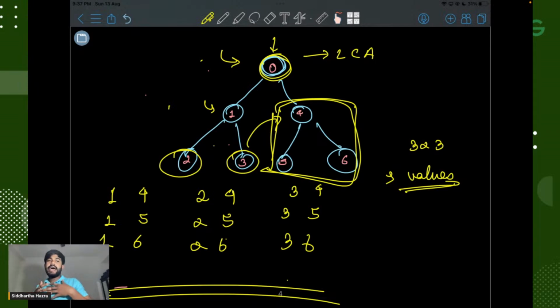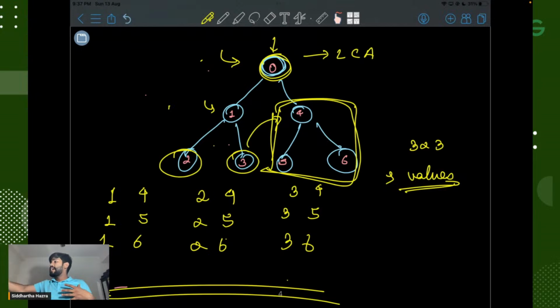Let's say I am the father. I have one daughter. I have one son. So for all the members of my son's family, with all the members of my daughter's family, I would be the LCA, that is lowest common ancestor.